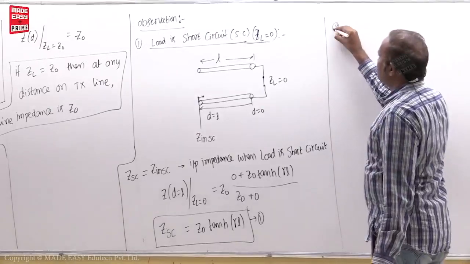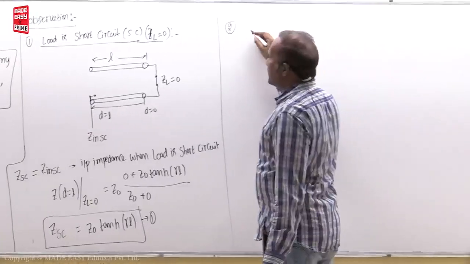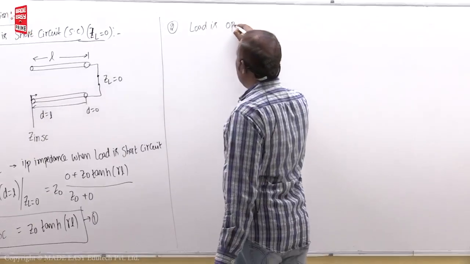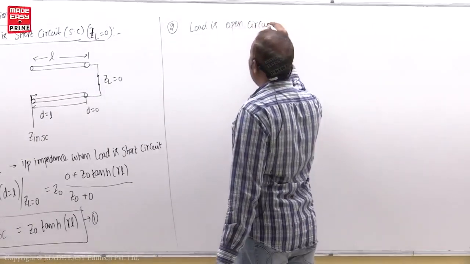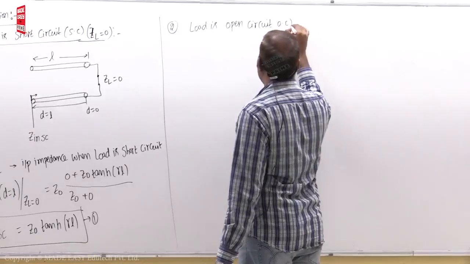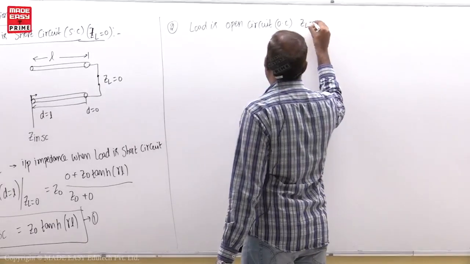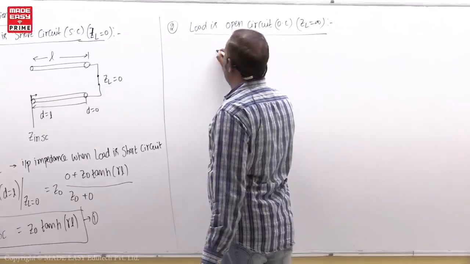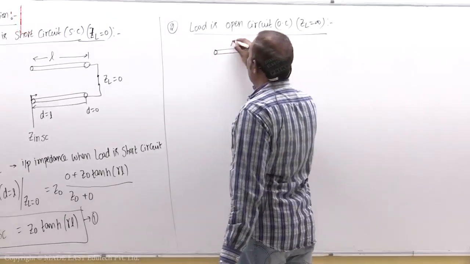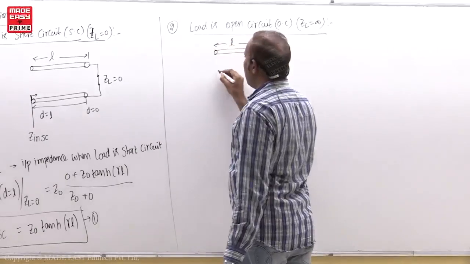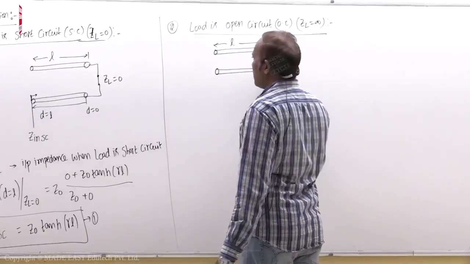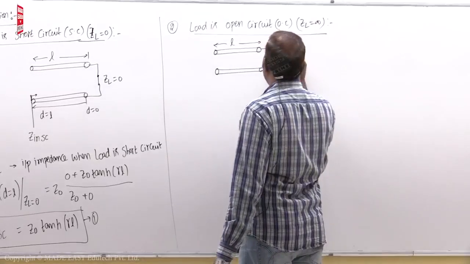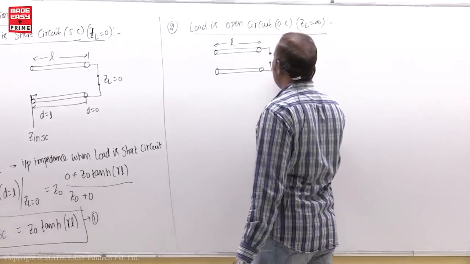So second one, load is open circuit. It is symbolized as OC. Now for this ZL is equal to infinity, dear students. Okay. Now in this case, total length of the transmission line is L. Now here ZL is equal to infinity, open circuit.